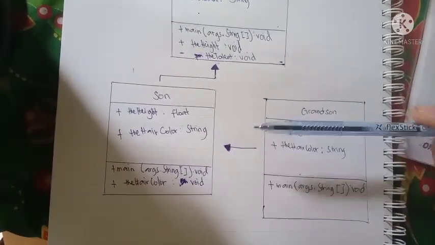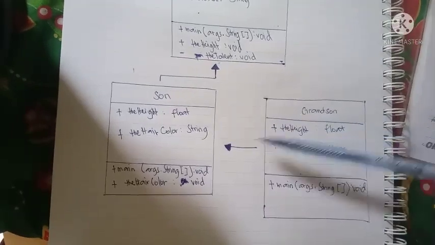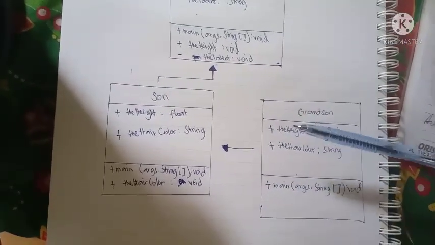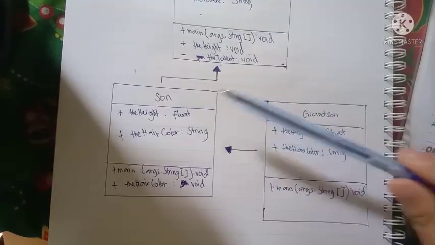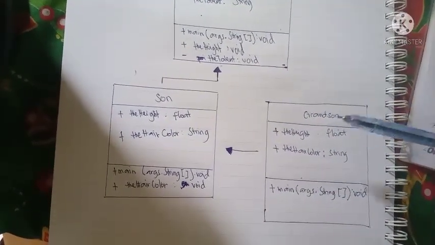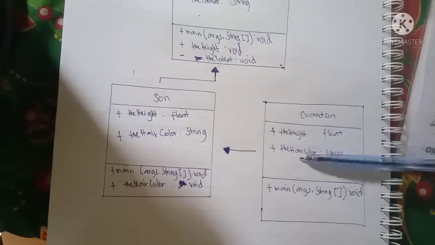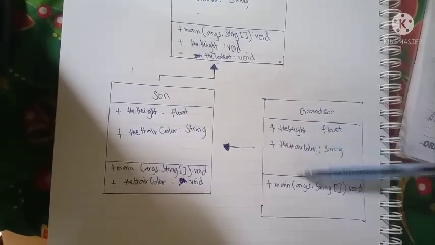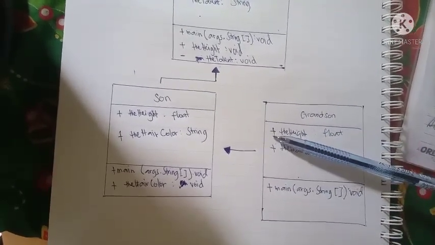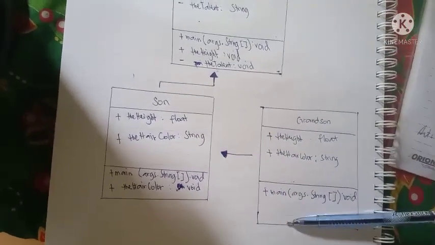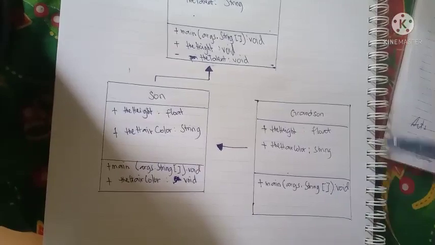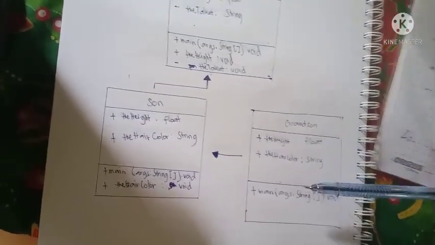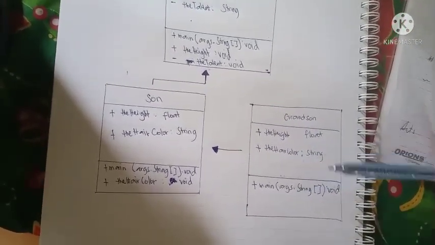We see in our system that it extends, and it indicates the son extends the grandson. The attribute inside is the plus, which is public, and the main method. The main method prints out whatever you put in for the height and the color.